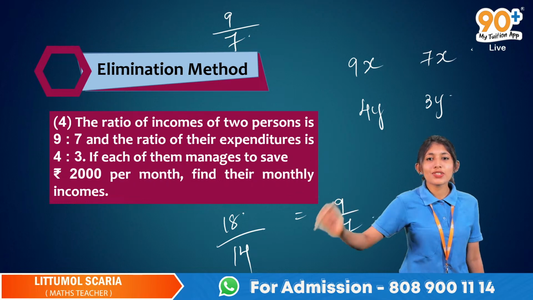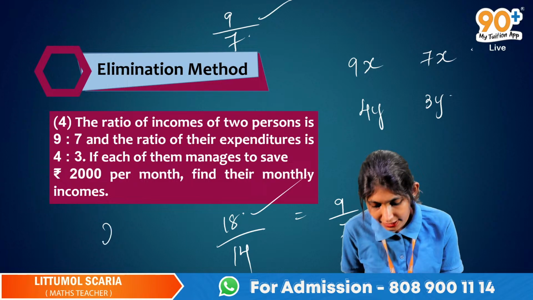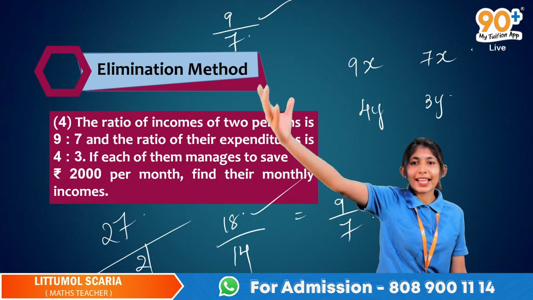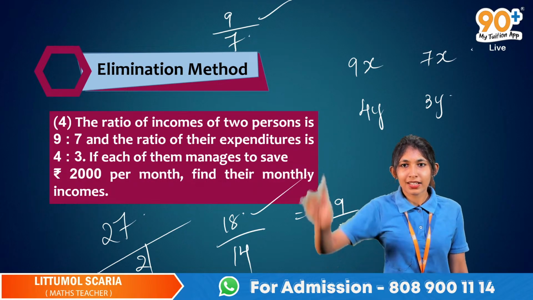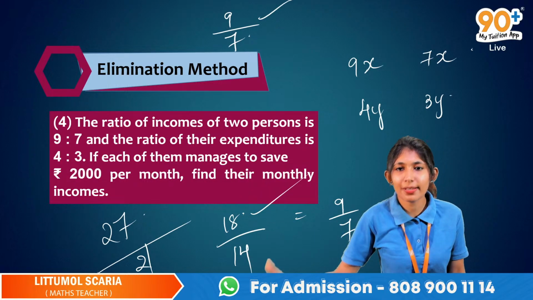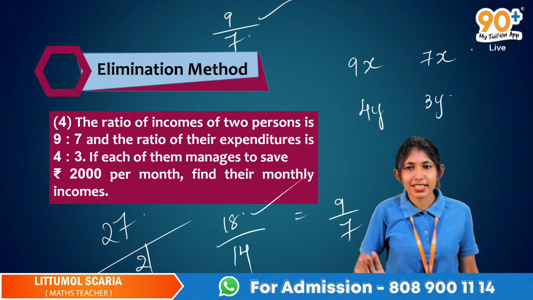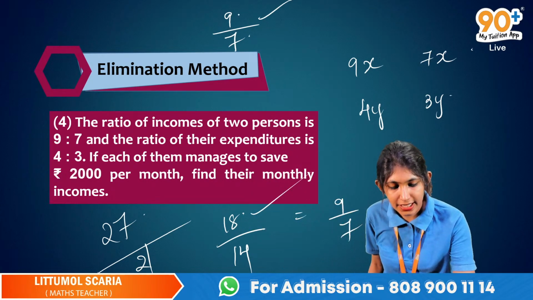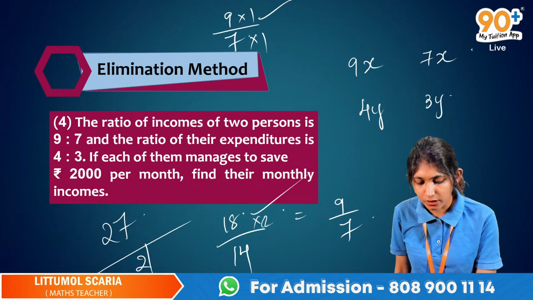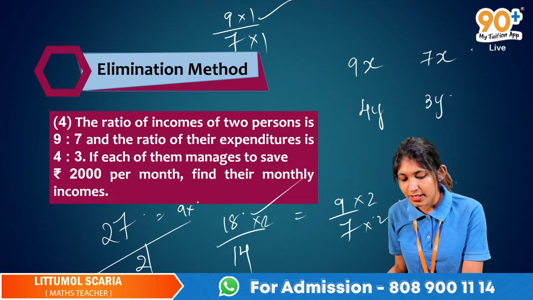So this is also 9:7, and this is also 9:7, 27 divided by 21. Any multiple of 9 and 7 is 9:7. When the numerator is a multiple of 9 and the denominator is a multiple of 7, all the ratios simplify to 9/7. Here it is 9 into 1 by 7 into 1, 9 into 2 by 7 into 2, 9 into 3 by 7 into 3.